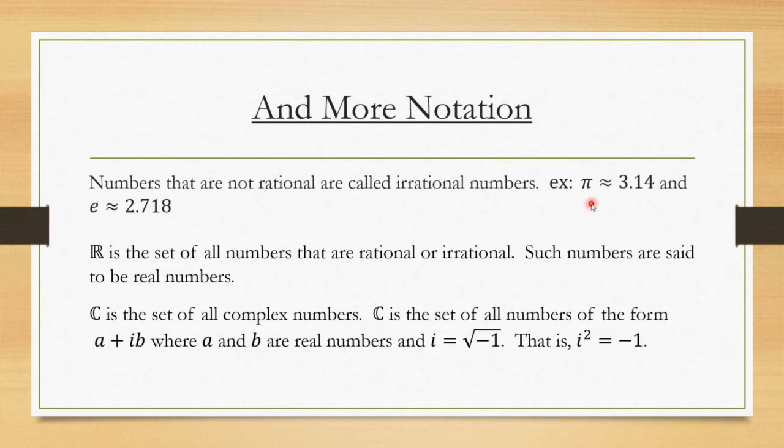If you remember from previous math classes, maybe even in high school, there's the formula for the area of a circle, pi times the radius squared. The circumference is pi times the diameter, or 2 times pi times the radius. The number that pi represents is about 3.14, but the number itself is actually irrational.